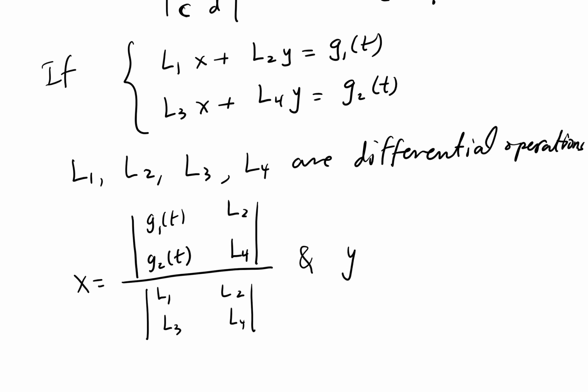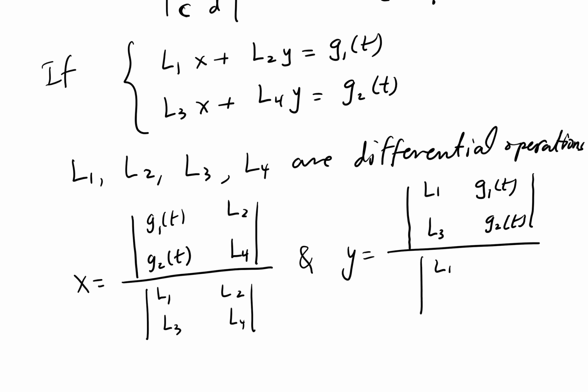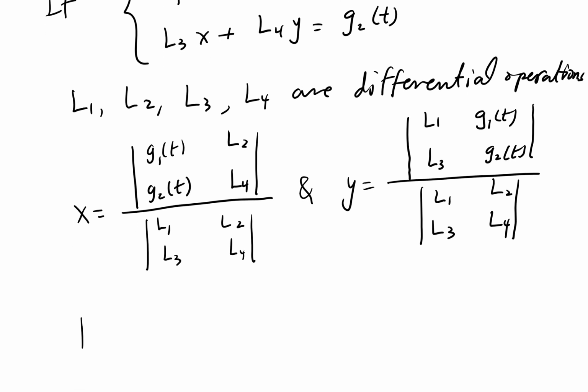And y equals L1, L3, g1 of t, g2 of t, and then this stays the same, L1, L2, L3, L4, provided that the determinant of this is not zero.